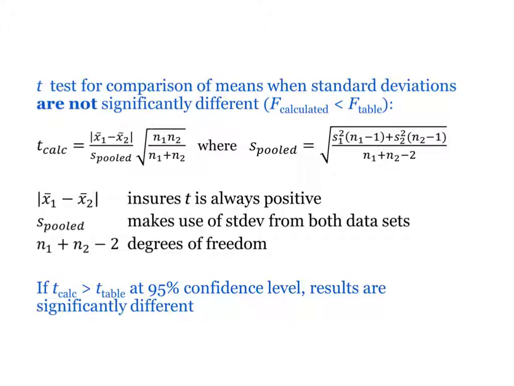The pooled standard deviations from the 2 data sets can be used when the f-test does not find a statistically significant difference between them. Note that we do lose 2 degrees of freedom for S pooled. If t-calc is greater than t-table at the 95% confidence interval, the results are statistically different.